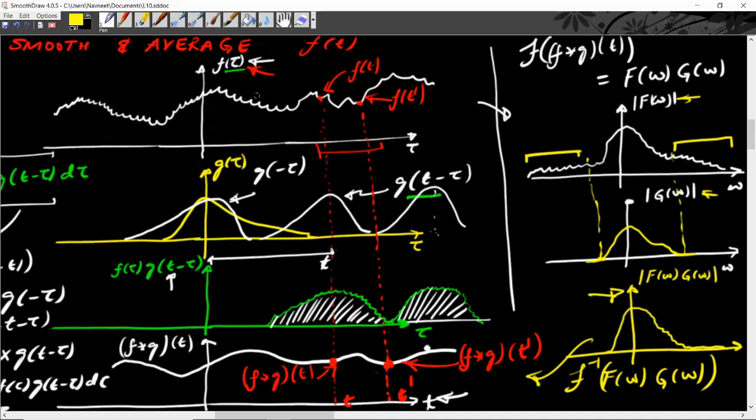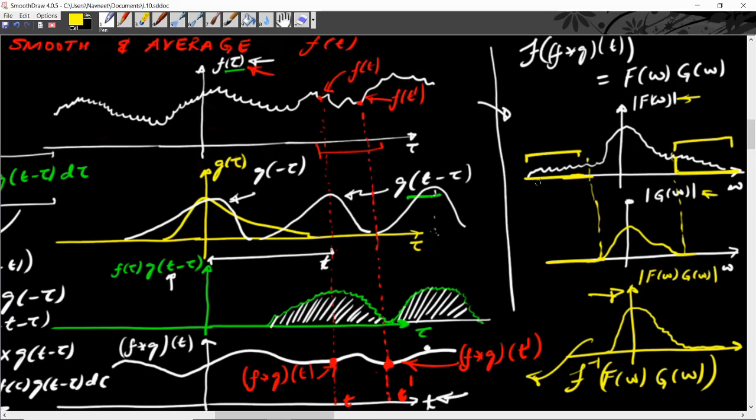So this description of the convolution operation in time domain as multiplication in frequency domain shows that convolution has to do something with filtering, because essentially when we multiply the Fourier transforms of f and g in frequency domain, we are removing the high frequencies, and by high we mean frequencies that have higher magnitude.